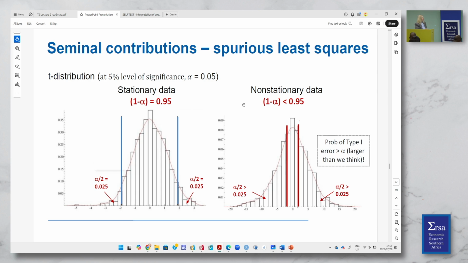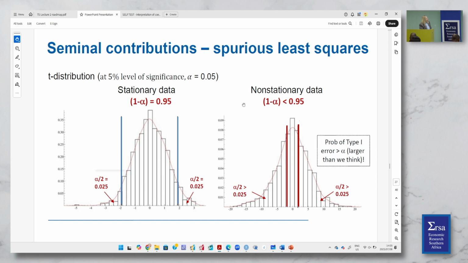And this is just what I found in a different paper with a completely different application. We can see if we generate series of stationary data and we look at this area, it will be 5%.